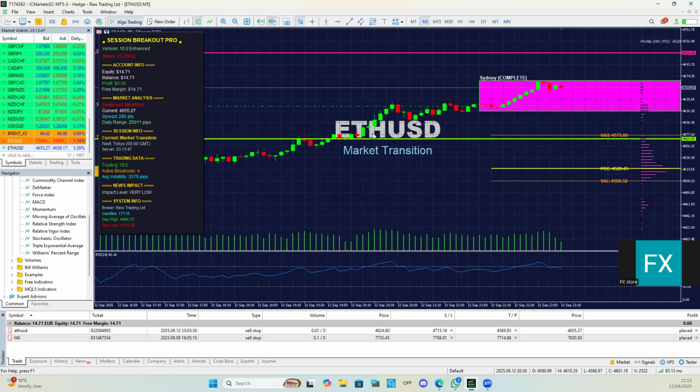All you have to do is just wait for the box to form, and once that range is fulfilled, okay, then you can determine your entry on buy or sell, depending on where market profile is, what sentiment is telling you, and what news is telling you.